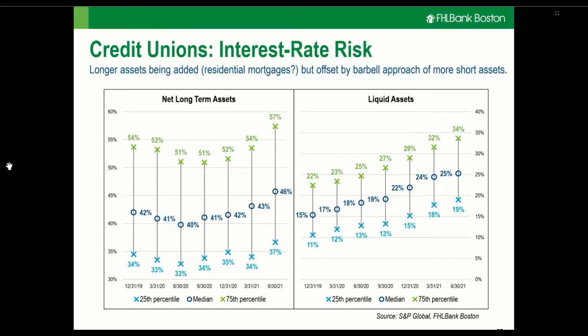Interesting, though, despite those long-term assets, liquid assets are still trending higher. So what's going on here is a bit of a barbell approach, right? Where you're adding long assets, you're holding short assets, and really it's coming out of that space in the middle, right? Think about the auto loans and things like that.